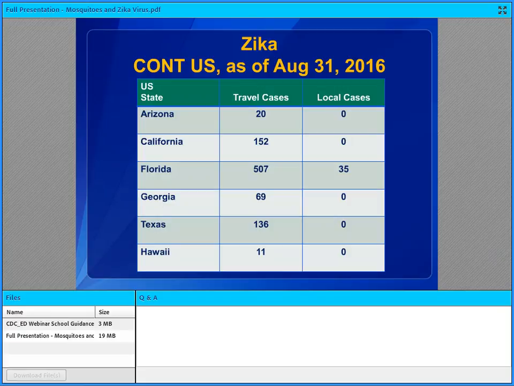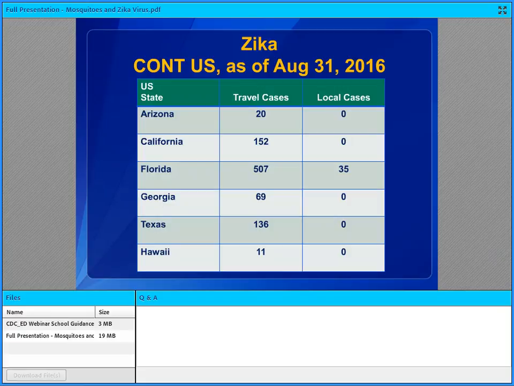You can see that the numbers are largest in Florida, Texas, and California, which have an awful lot of people who travel to and from the United States. But all of the local cases, locally meaning acquired through the bite of a mosquito, have been in Florida.